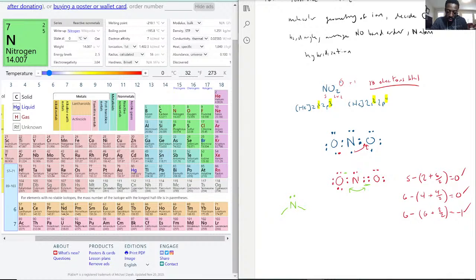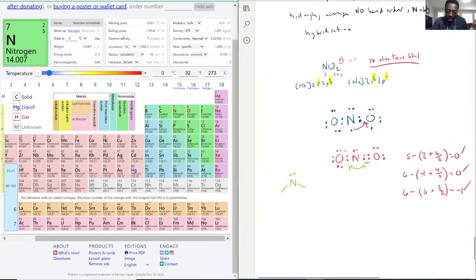We have the O, and this double bond is bouncing between the two, indicated by the dashed line. Okay, that is actually what we're working with here, because it could bounce between the two.